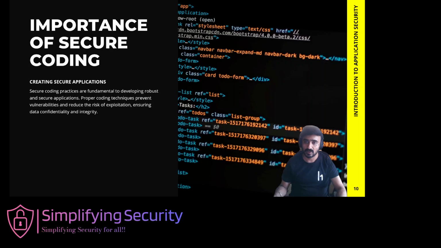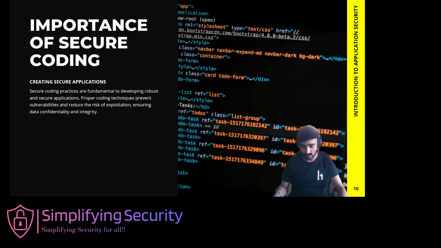And coming to the importance of secure coding. When you do a root cause analysis of any flaw you have found, the majority of the time you'll find the flaw was generated because there were some misses at the time of coding.